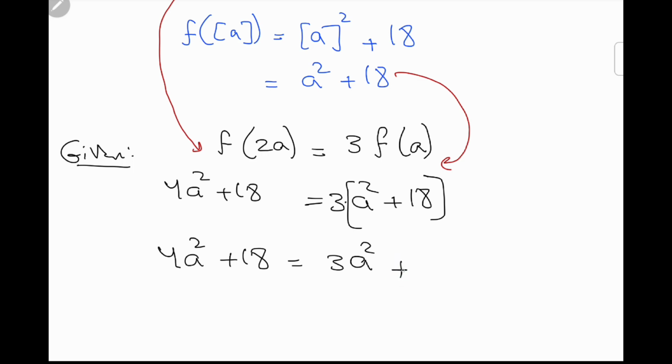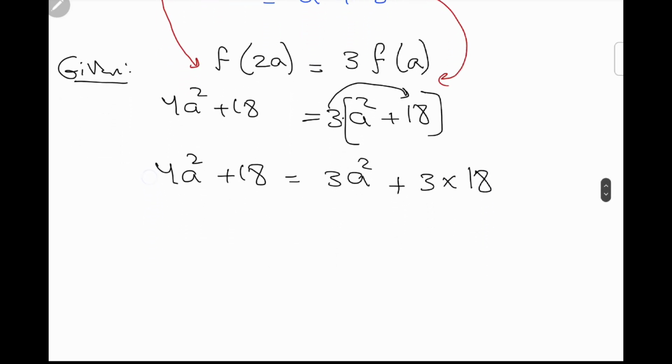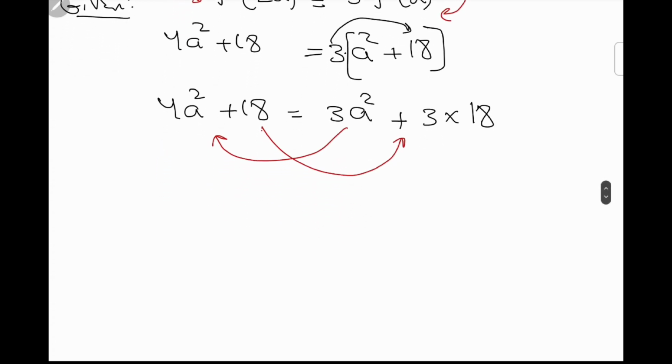And here there's a trick. If I don't have to use the calculator, then I will keep this as 3 times 18. I don't have to perform the multiplication. Now we'll see why. We need to now collect like terms. You can take this to the other side, and you can take this to this side and change the sign. So this will be 4a squared minus 3a squared equal to 3 times 18 minus 18. 18 by itself is just 1 times 18.